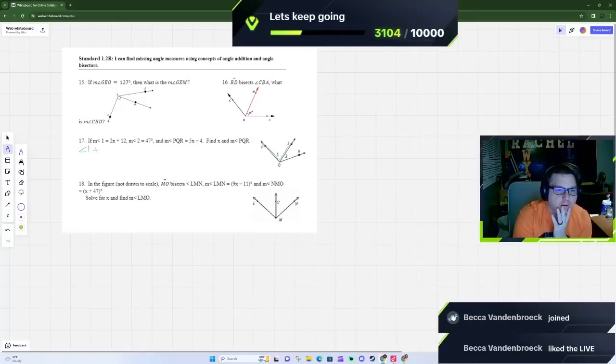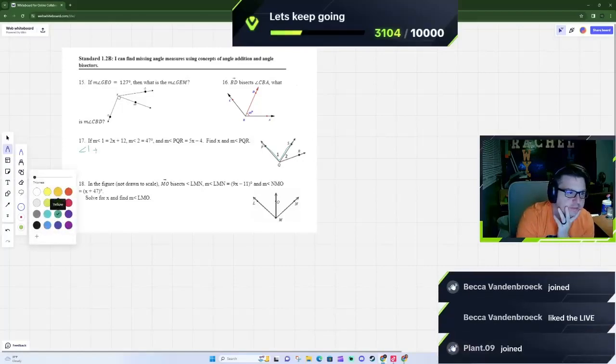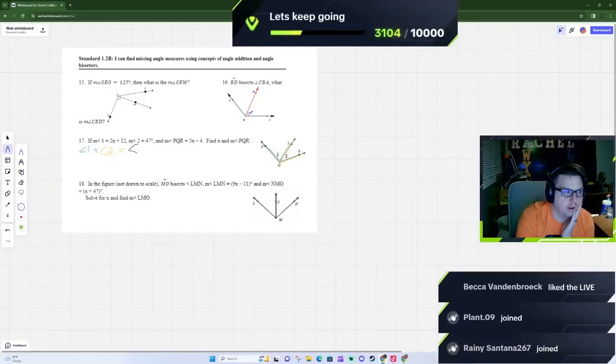So angle 1 plus angle 2 equals the whole angle. So that's going to be angle PQR. So when we put that, we're going to do angle PQS plus angle SQR equals angle PQR. Okay.